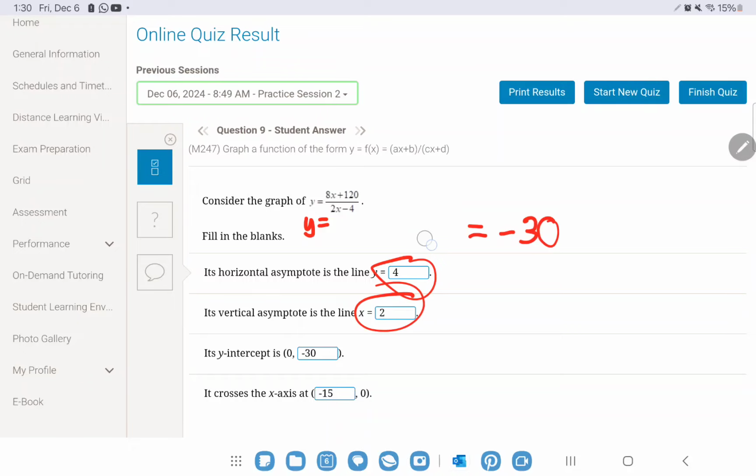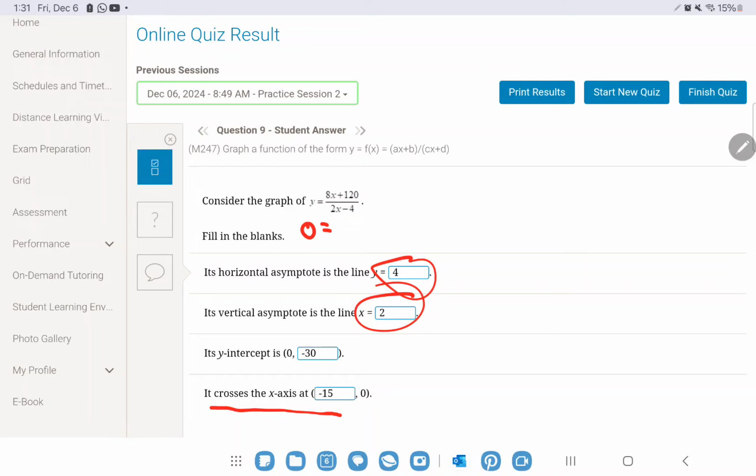Now, for this one, find your x-intercept, which means when y is 0, what is x? If y is 0, it means your numerator is 0. It doesn't mean your denominator is 0. Your denominator can never be 0.